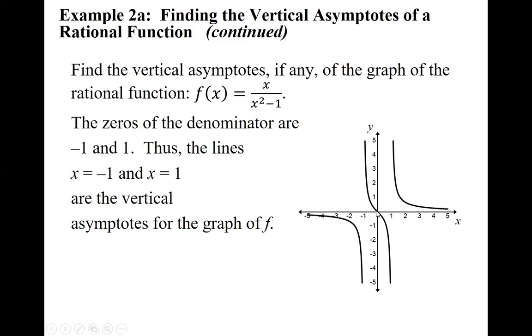As we approach 1 from the left, the graph bends down forever. It approaches negative infinity. As we approach 1 from the right, the graph bends up forever. It approaches positive infinity. So that means that x equals negative 1 and x equals positive 1 are vertical asymptotes for this graph.